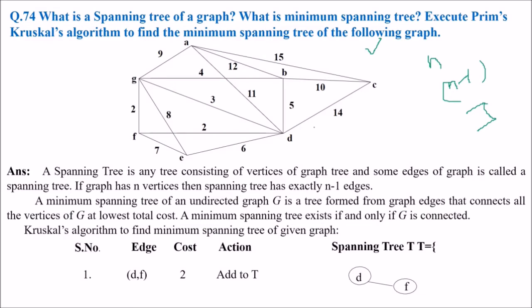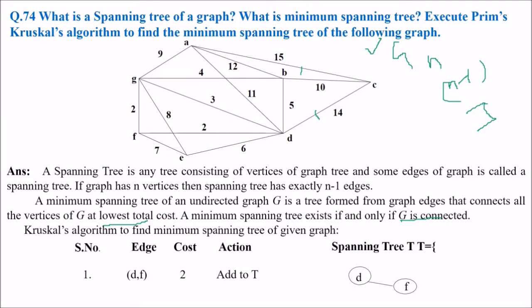It is a tree formed from graph edges, edges that connect all the vertices of G. The minimum spanning tree exists if and only if G is connected. The spanning tree which has the lowest total cost of edges, or weight, is known as the MS tree, that is, the minimum spanning tree.